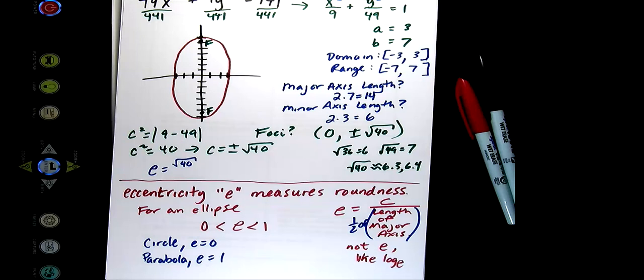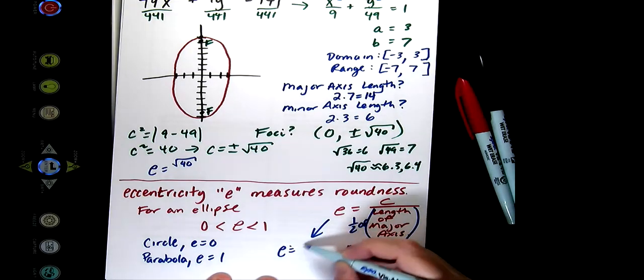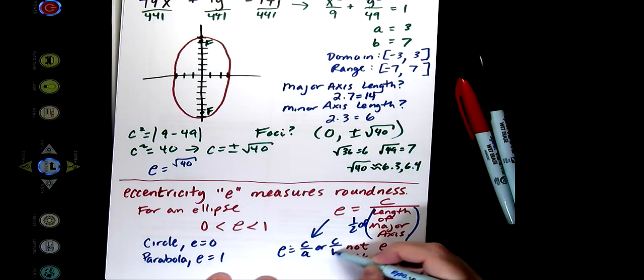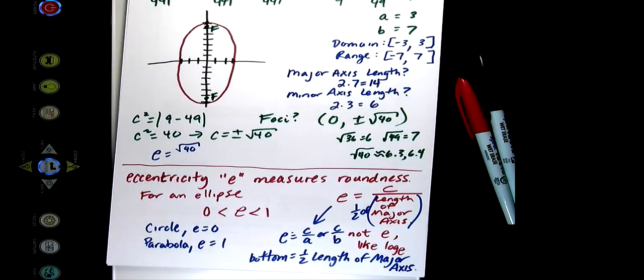It's either E equals C over A or C over B. So the bottom is half the length of the major axis. I changed the way I described it today. In my notes, I have C over A or C over B, and it was always pick whichever one is largest, but that's confusing. And then I made it confusing here.